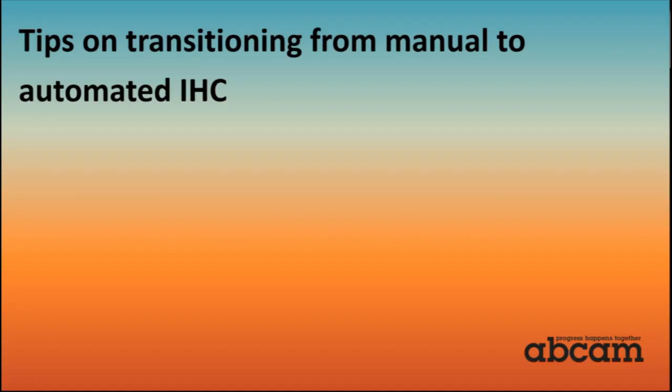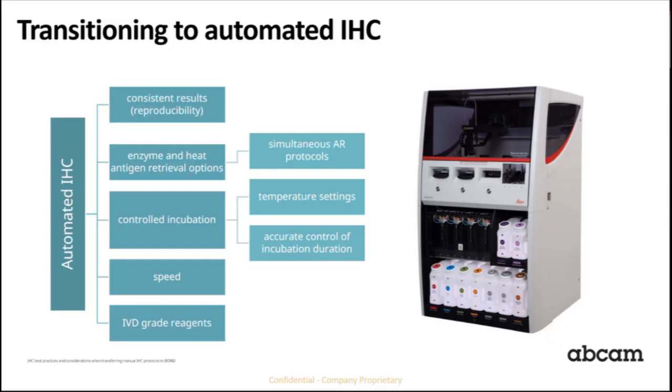And moving on to the next section, I would like to briefly talk about the things to note when transitioning from manual to automated IHC staining. This slide gives a good summary of the main advantages of performing IHC staining using automated platforms over the traditional manual IHC procedures.